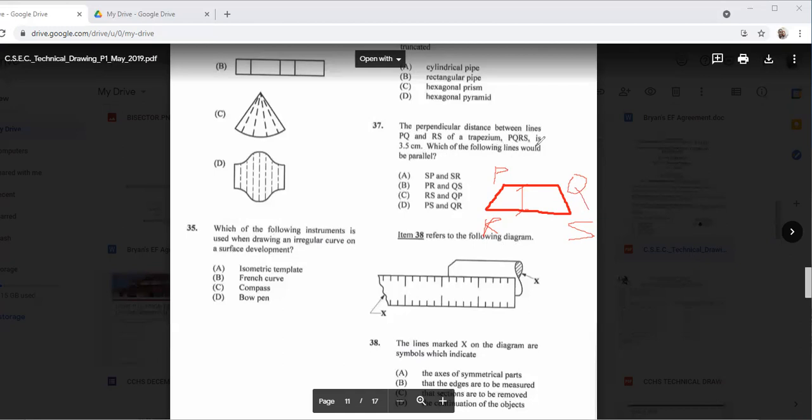Which of the following lines would be parallel? PQ would be parallel to RS. So PQ would be parallel to RS. All right, which one? PQ.